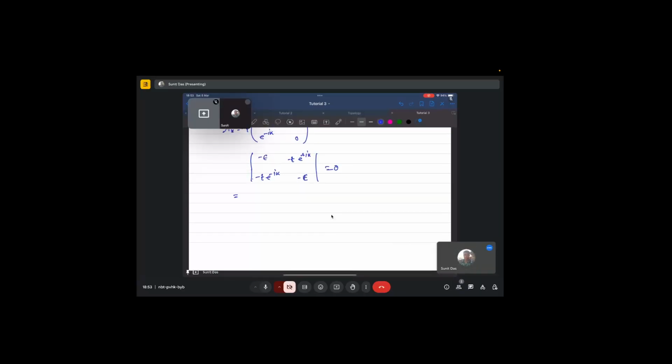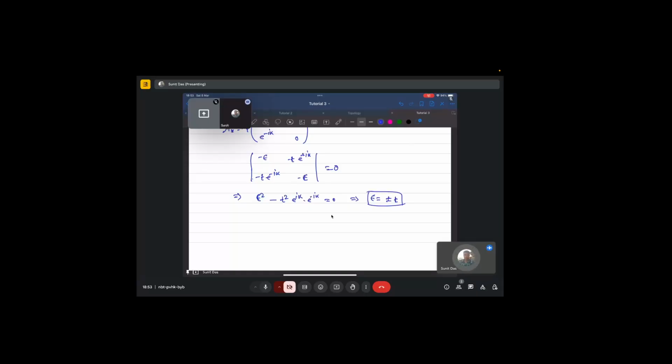So epsilon squared minus t squared e to the power ik into e to the power minus ik equals 0. This implies again epsilon is plus or minus t.